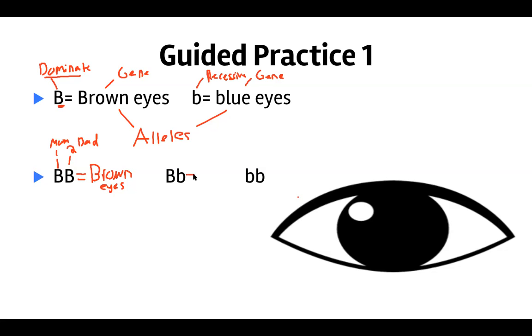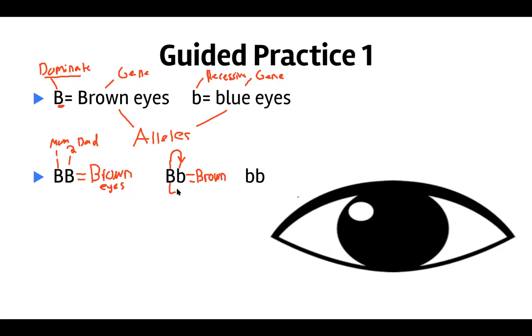The organism in the middle has a dominant and a recessive. But yesterday we learned that a dominant allele always covers and hides the recessive. So even though they have an allele for blue eyes, they will express the color brown, because brown is dominant to blue.